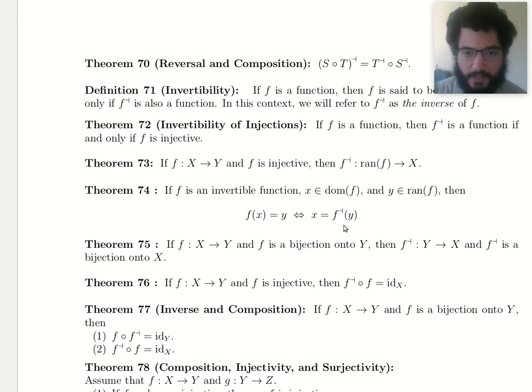Like, say you've got an equation, an equality statement, and you've got a function evaluation on one side telling you that f of this is that, then you can think of it as applying f inverse to both sides and then cancelling the f on one side. And that might help you solve an equation for one variable.